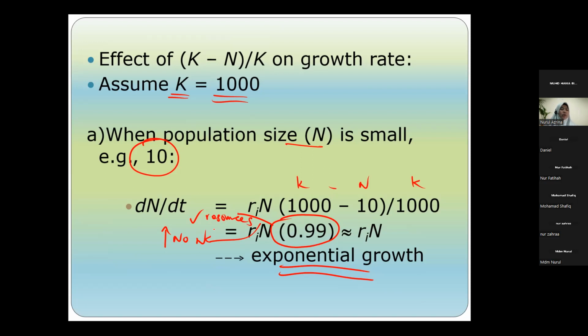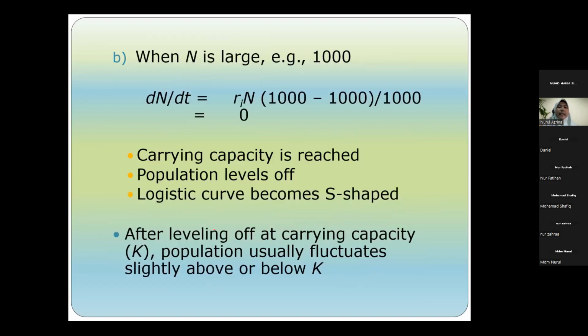Okay, right. But when your population size N is large, remember, carrying capacity is 1,000 and the population size is 1,000. So dN over dt equals RN, K minus N over K. This fraction you will get 0. 0 here means you have already reached the carrying capacity.